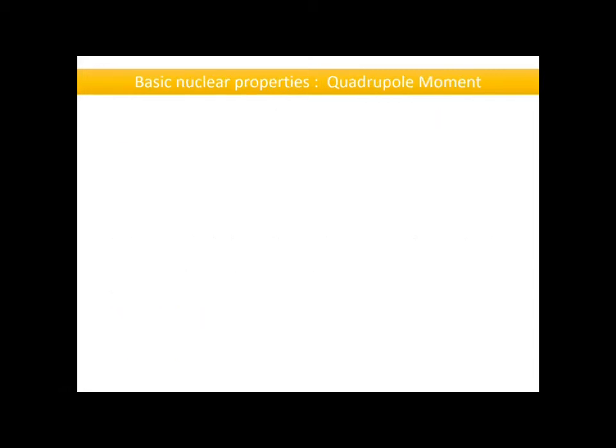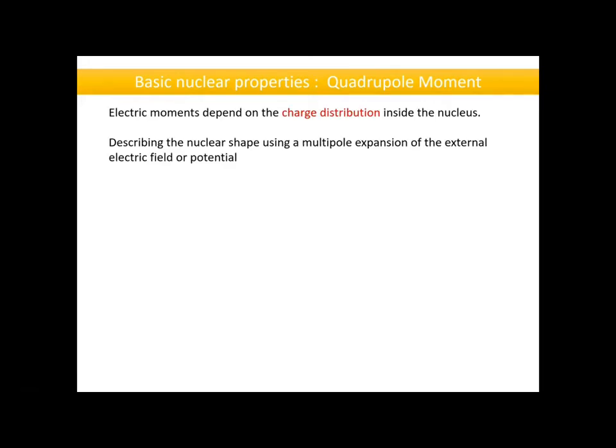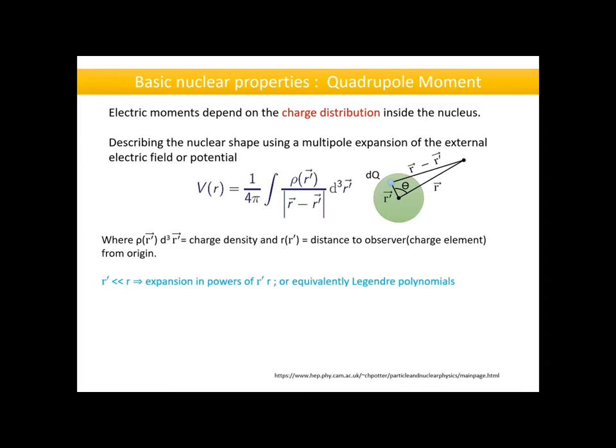The next nuclear property is the quadrupole moment. Electric moment depends on the charge distribution inside the nucleus. Generally, it is assumed that the nucleus is spherically symmetric, and hence the charge density rho is a function of the radial coordinate r dash only. An electric potential of charge element dq located at r dash is given by V of r equal to this.